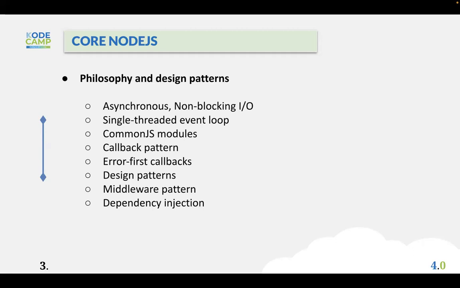Moving on, we have the CommonJS modules, which we discussed in our previous class. In one of our previous classes, we discussed the module system and CommonJS modules. And today we'll still go over it once more, making it more understandable.